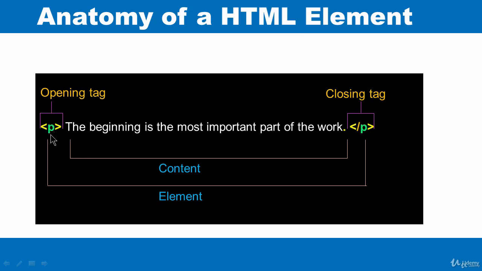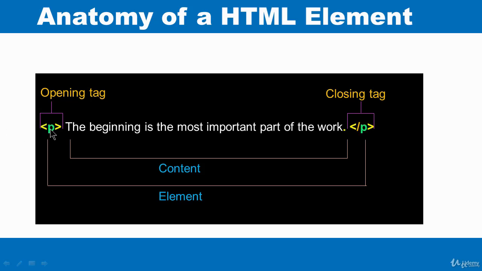In this case, P is a paragraph tag. This P here is what you use to insert a paragraph in an HTML document or a web page. So this is the opening tag, which is where the paragraph begins, and this is the closing tag. The closing tag is differentiated with the / before the actual tag is closed.